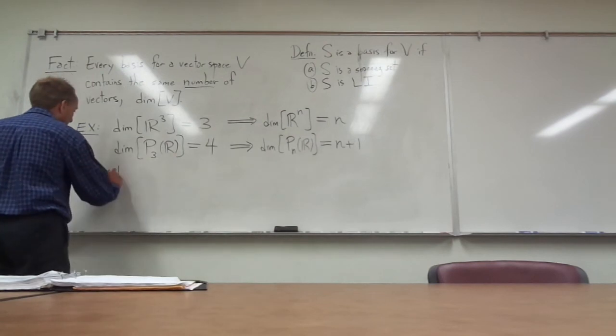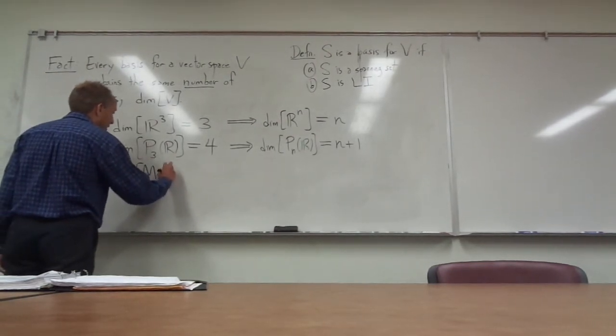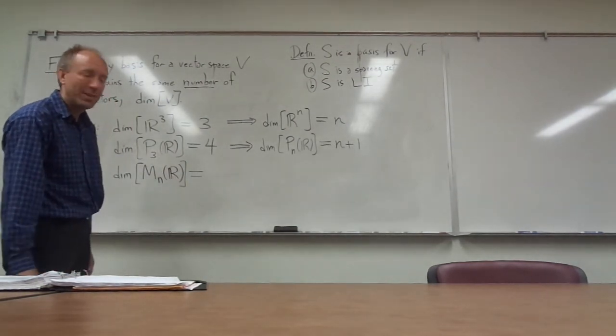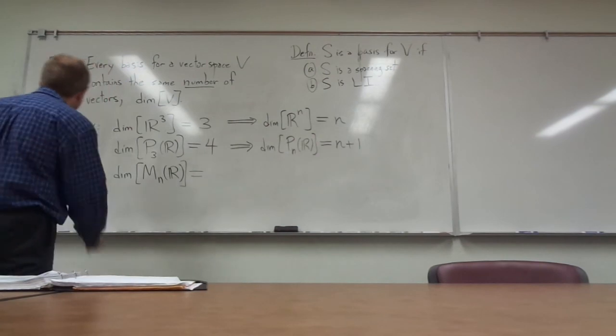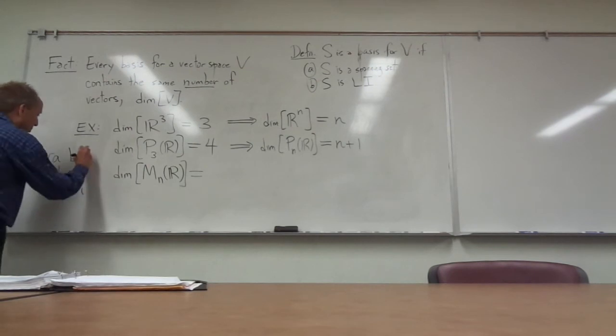What about some other examples? I wonder what the dimension of Mn of R should be. Let's just take a 3 by 3 example. Suppose your matrices were 3 by 3.